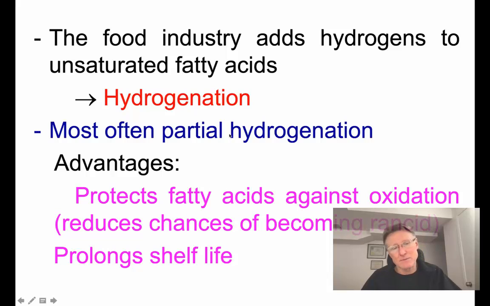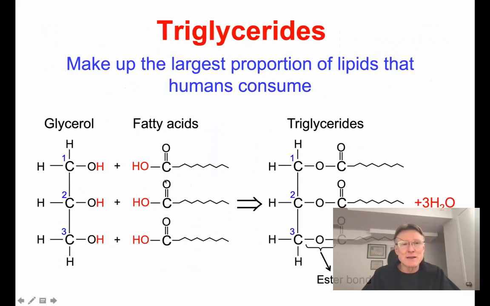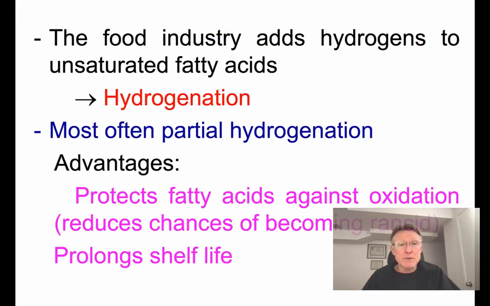And why is that? Because when you add trans fatty acids to food, it protects fatty acids against oxidation. Remember, those double bonds can be very unstable and be attacked by oxygen, and this oxidation may disrupt and alter the structure of the molecule and make them rancid.